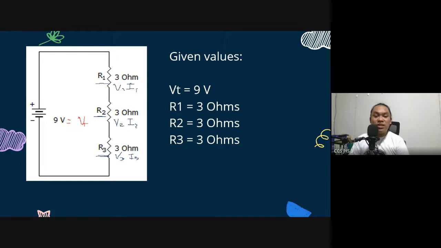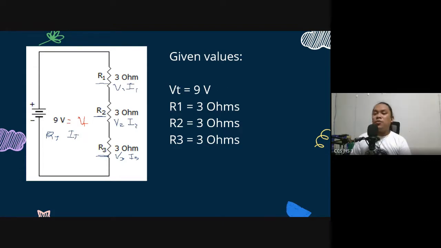We have a total voltage of 9 volts. So what other parameter should we look for a value of? Same with our load, since we have total voltage, we also have total resistance and total current. Okay? Understood? Sir. Okay, very good.